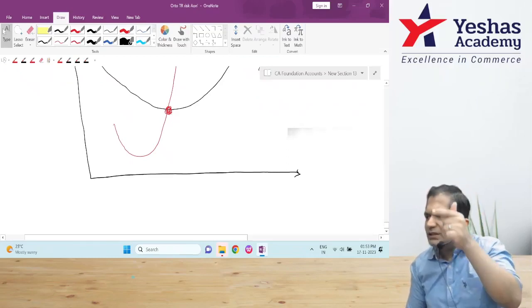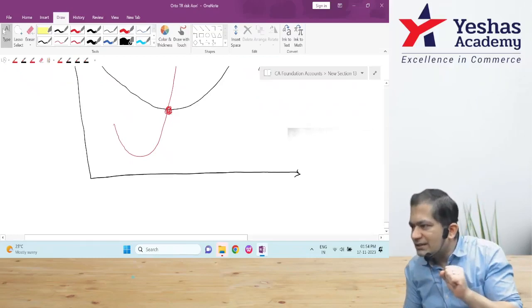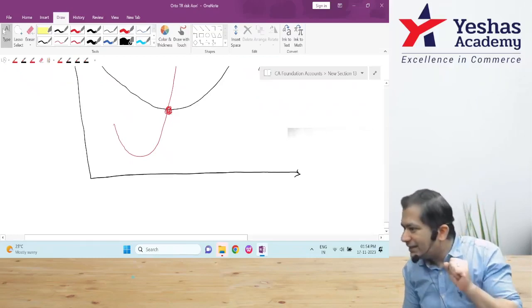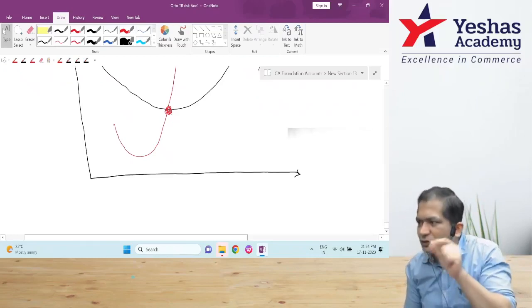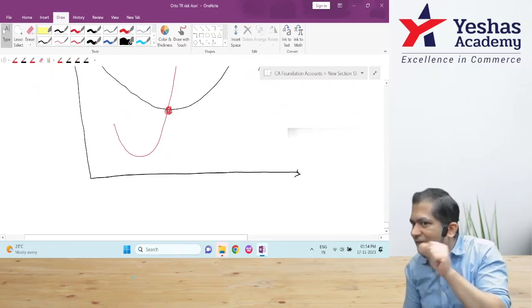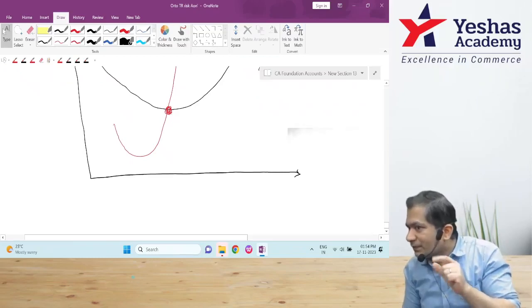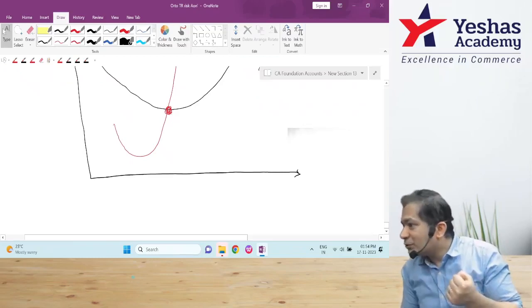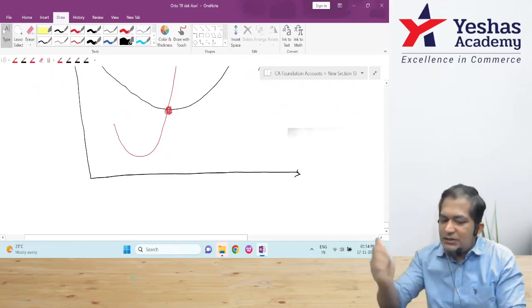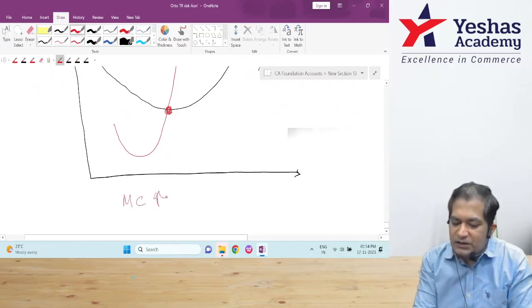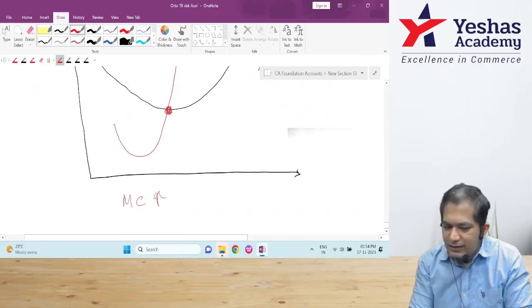Because when MC is increasing, it means total cost is increasing at an increasing rate. And when total cost is increasing at an increasing rate, will its average increase or decrease? Increase. So can I say when MC is rising, then AC or ATC will also increase.